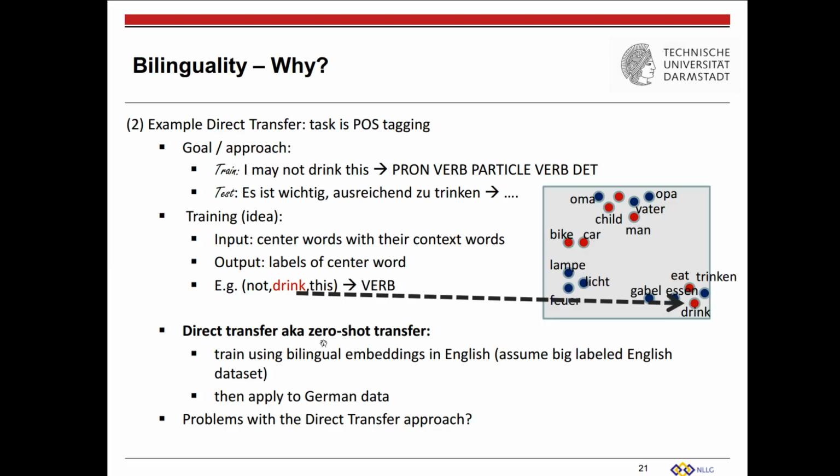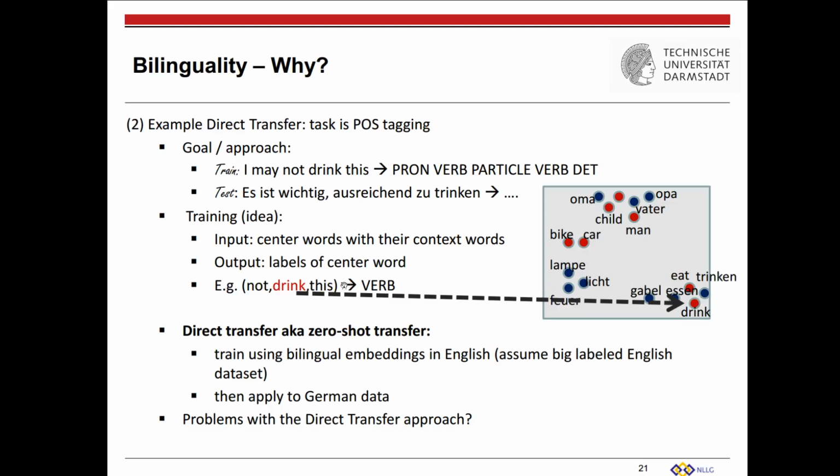And then at test time, so we train using the bilingual embeddings, but of course the English part, and assume we have a big English labeled data set. And then afterwards come in German words, and they also get representations, but those representations are close to the English representations.